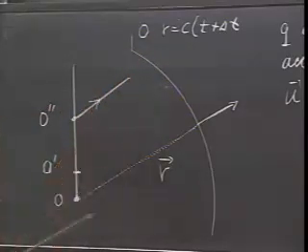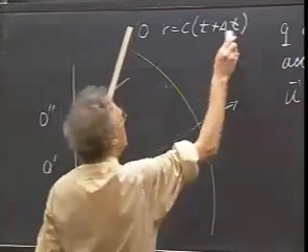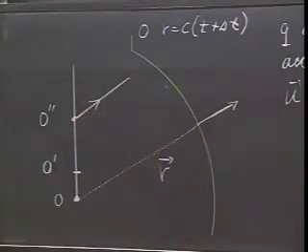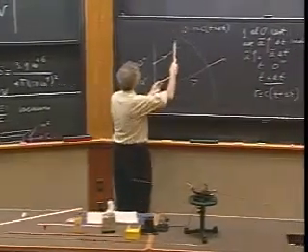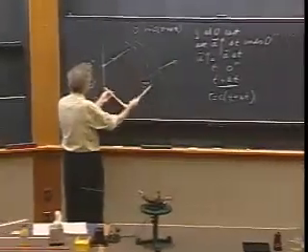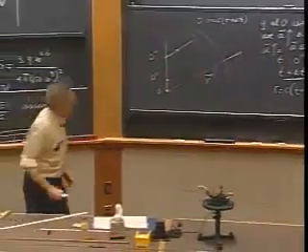outwards. And the world that knows about this is the world which has a sphere around O prime with a radius c times t. And so I'm going to draw another circle, which in reality is a sphere, about point O prime. And this sphere has now radius ct.